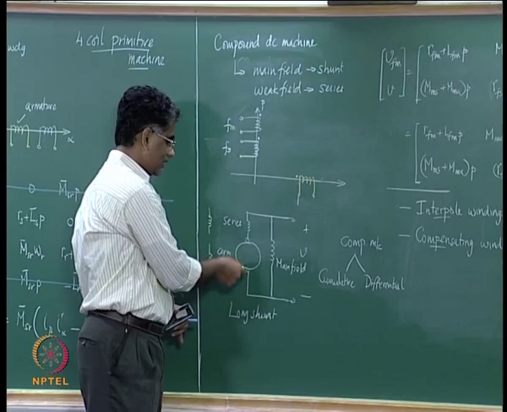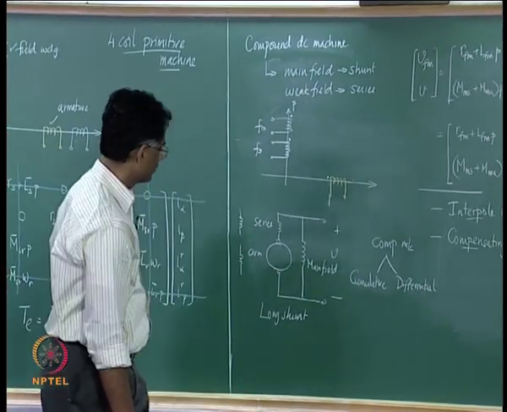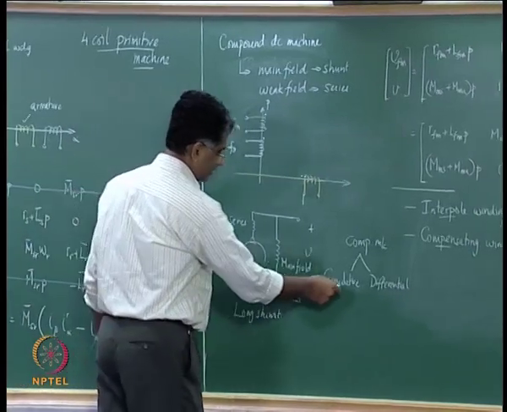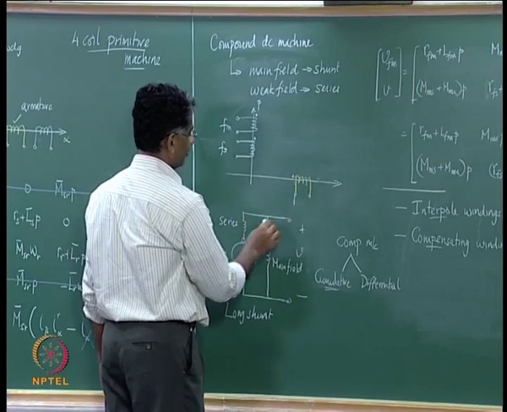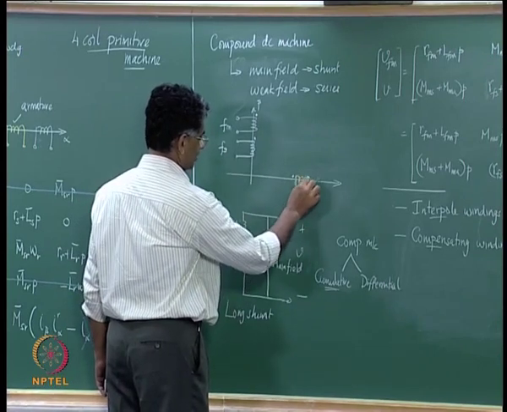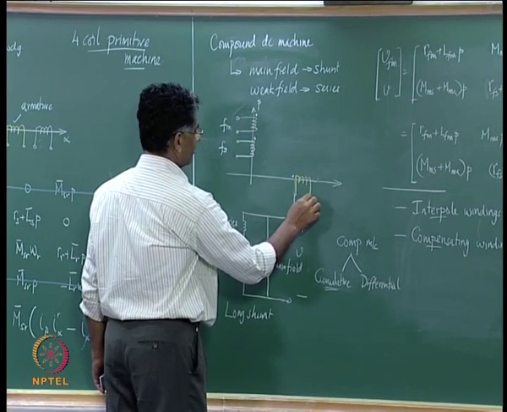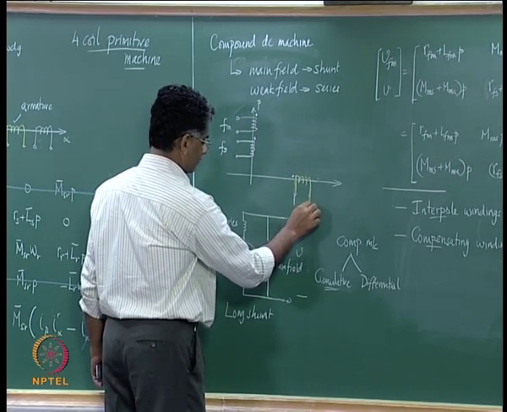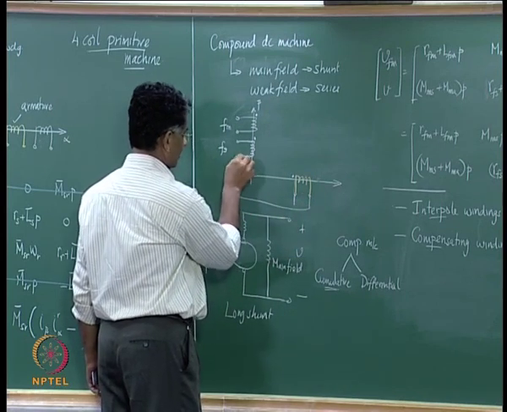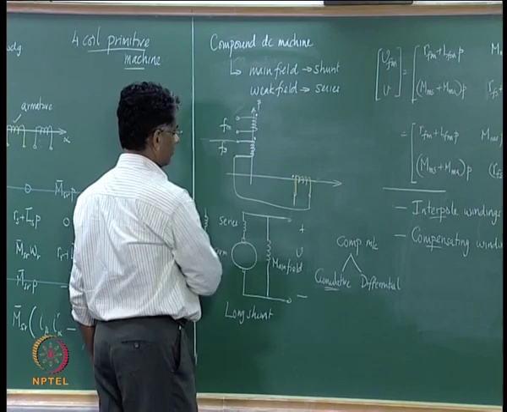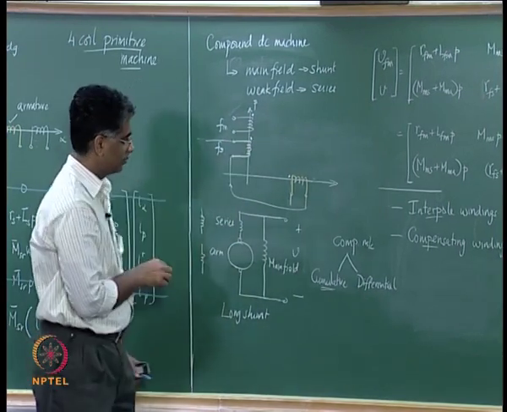That means we are saying that all these are aiding each other, and therefore we have implicitly written it for this case. Now, if you want a differential compounded machine, the armature current is going to flow here and has to now be connected here and taken out this way, so that whatever armature current flows demagnetizes the main field.